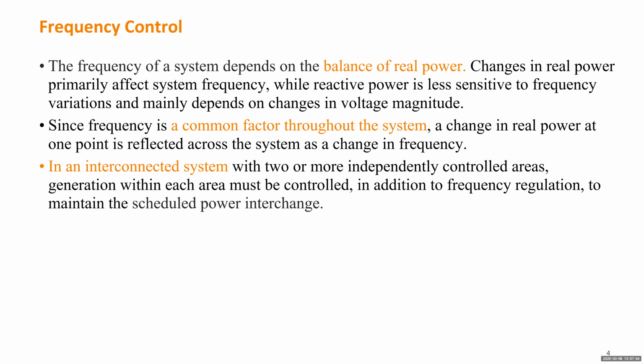If I have an interconnected system with multiple regions and each region has a number of generators, in order to control the frequency better, in other words, to control the real power and the flows better, you need to have control in each area. So you need to control the active power and frequency of each generator, or at least some generators in each area. Even if you don't have control of every single generator, you want to have some control in each area.